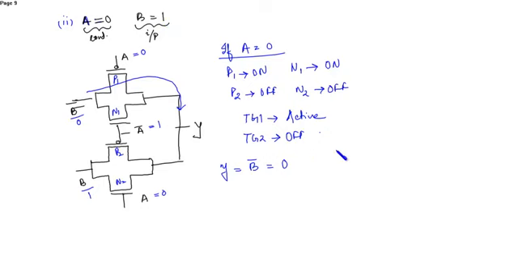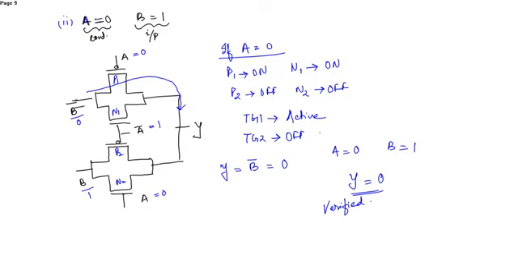So when A is equal to 0, B is equal to 1, then the output Y is equal to 0. The second condition is also verified.